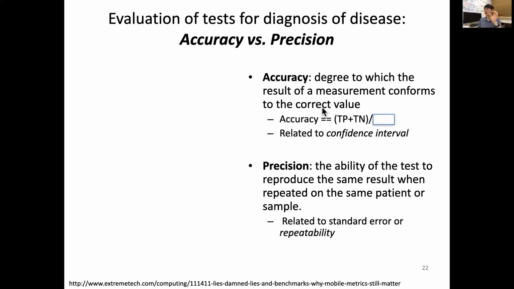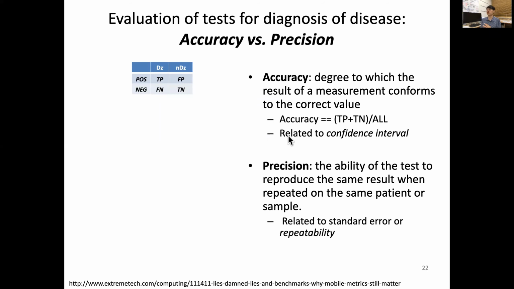We are more interested in correct values, which means in the disease matrix, the correct ones are always true. So accuracy can be defined as true positive plus true negative cases, out of all the cases. Why all? Let's see: disease, no disease, positive, negative. We are interested in the proportion of true positive and true negative out of all. So all means everything.